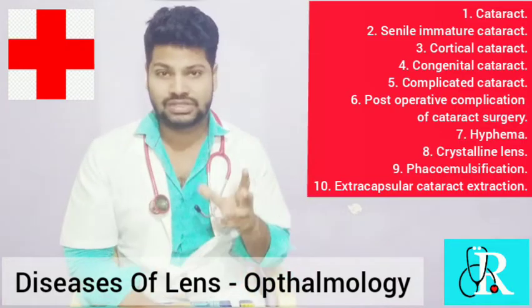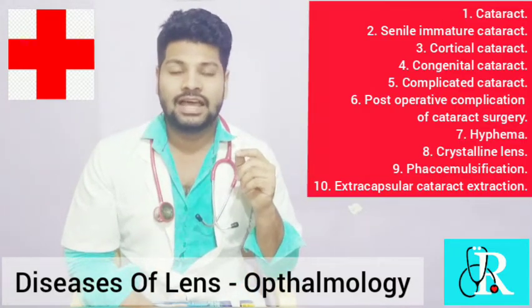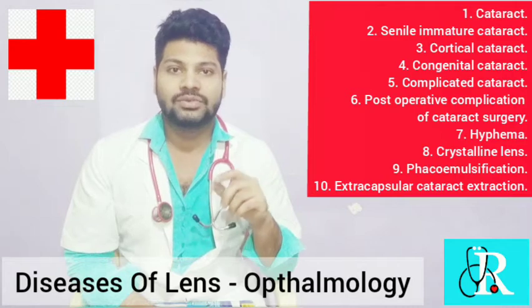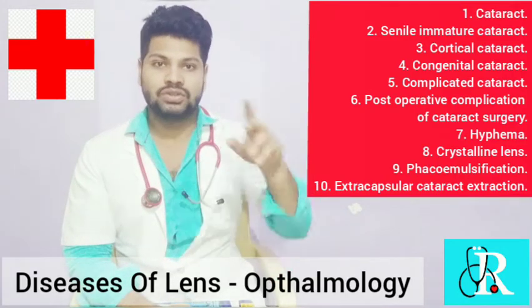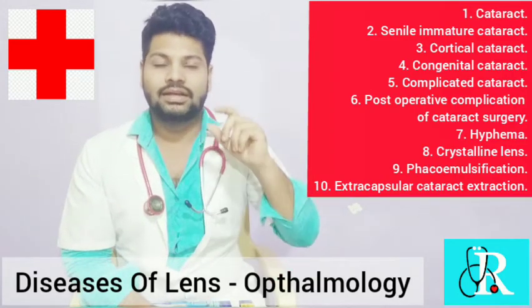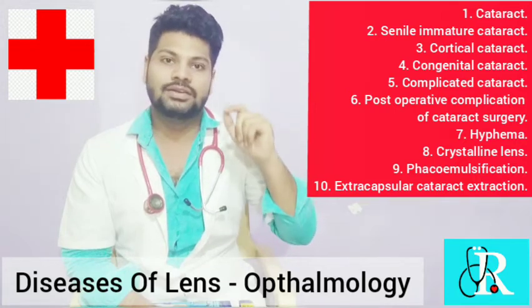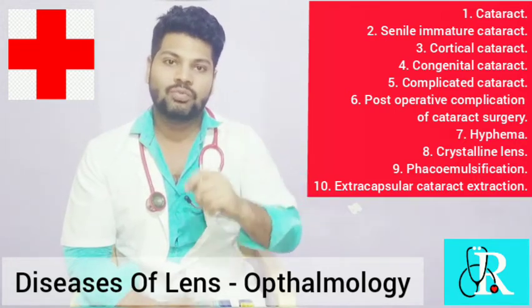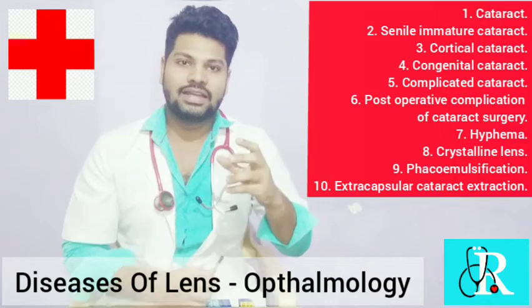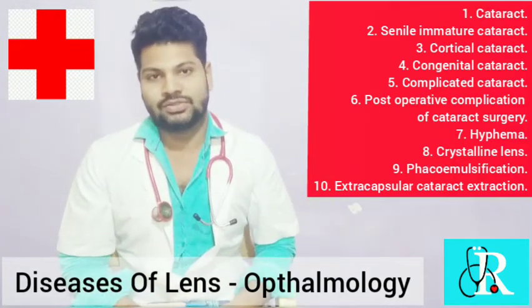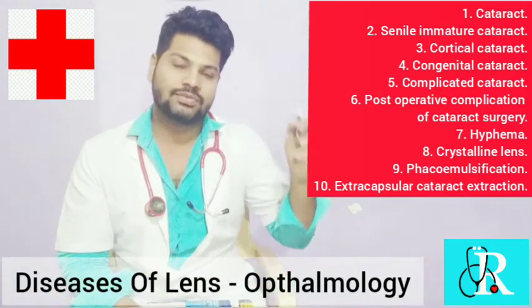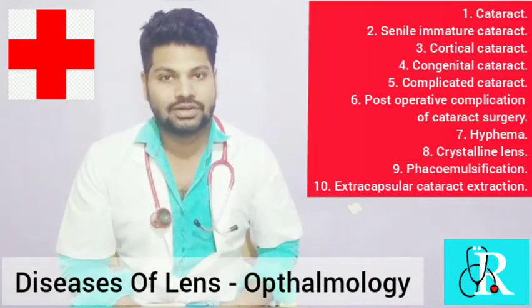He will be sensitive towards light, and pain will be there within the eye. Eventually he will lose vision when the cataract is completely developed and matured, and light can no longer pass through the lens. So blurry vision, and after the blurry vision, blindness if it is not treated.